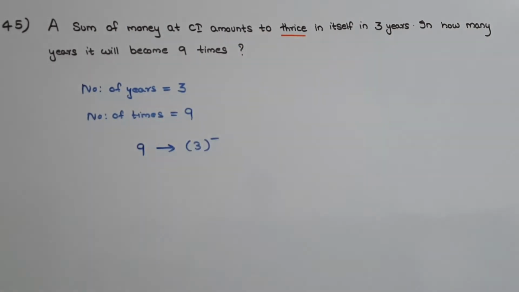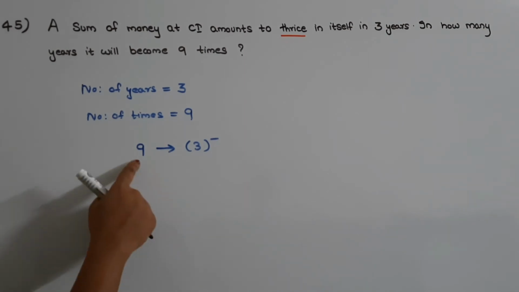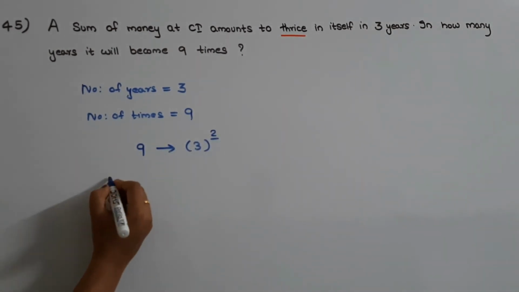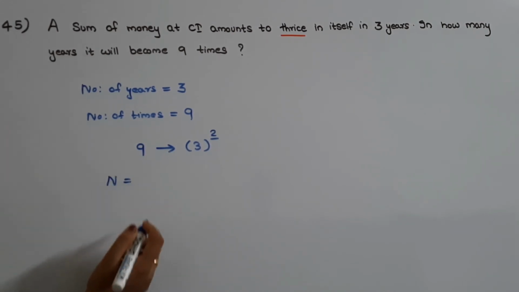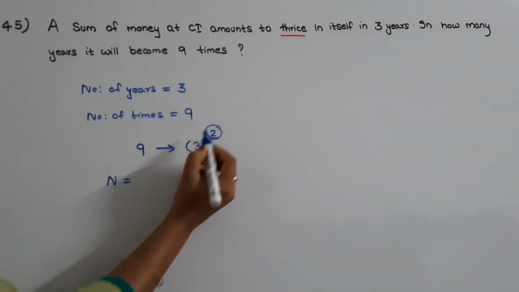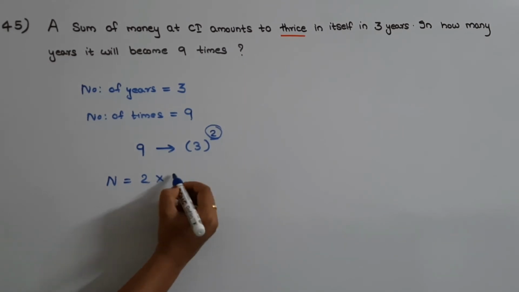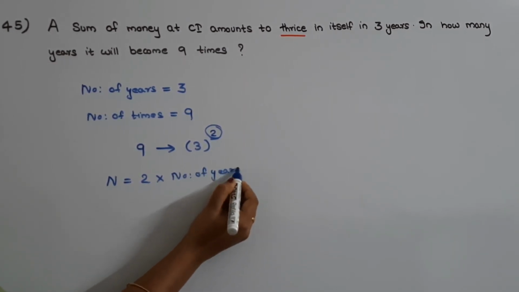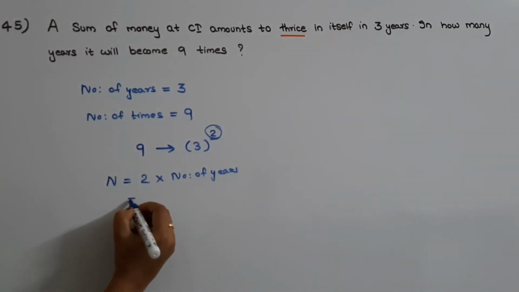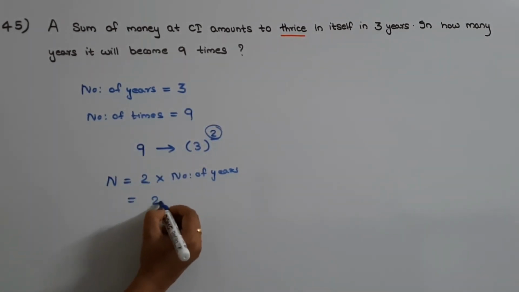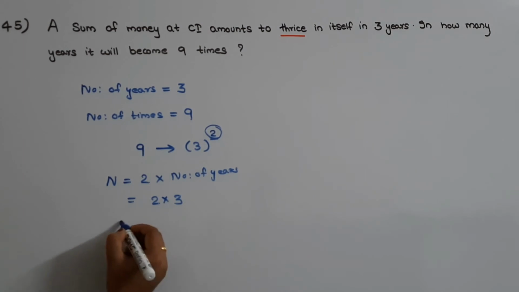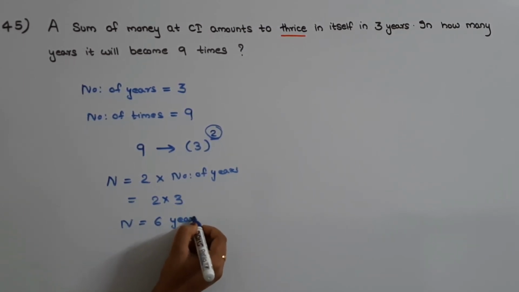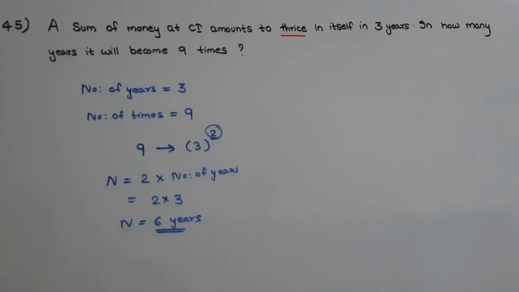So 9 can be written as 3 square. Now, in order to get the value of n, we need to multiply this power with the number of years. Here the number of years is equal to 3. Hence the n value will be equal to 2 into 3. Hence n is equal to 6 years. So this is the answer.